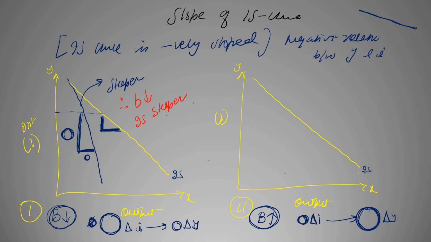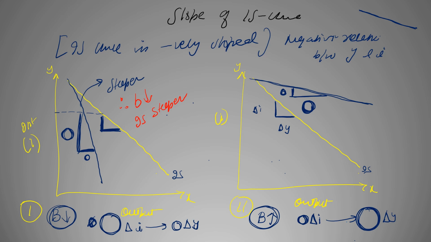Now coming to our next case, we have higher B, which means your change in output is more than change in interest rate. So let's make a flatter graph over here and check how it's reacting. So earlier this much change in I was leading to this much change in Y. But now this much change in I is leading to this much change in Y. You see, change in Y is a lot bigger than this change in I, right?